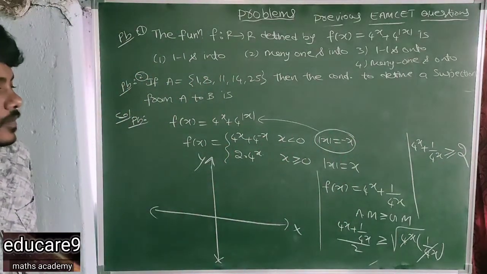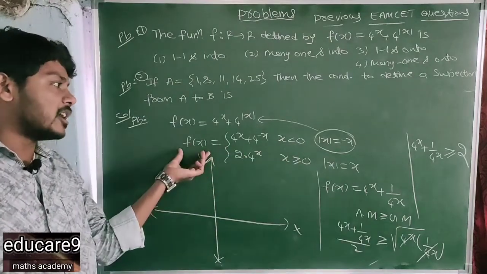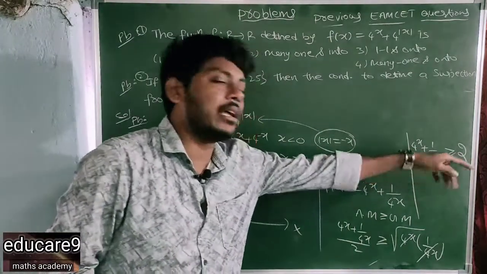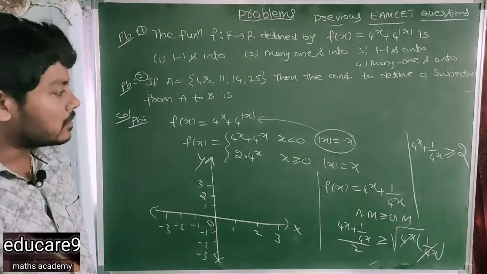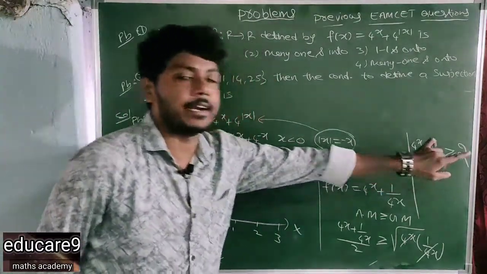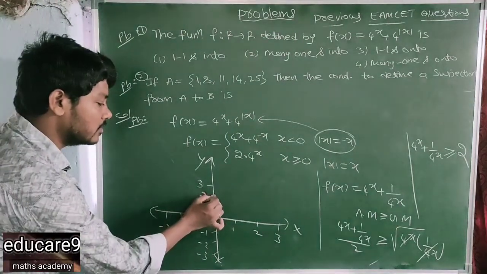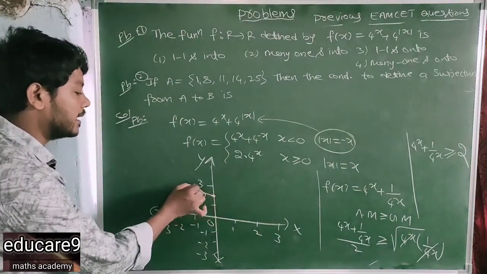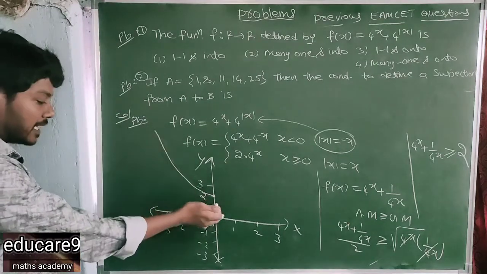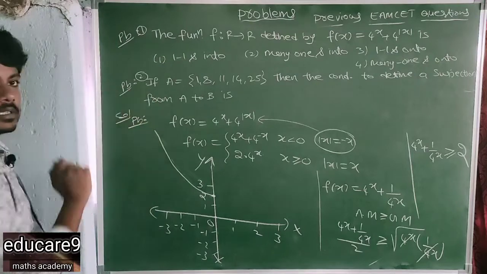Now if x is less than 0, these function values are greater than or equal to 2. So clearly the minimum value is 2. So that is increasing. When x is less than 0, f of x values are increasing.